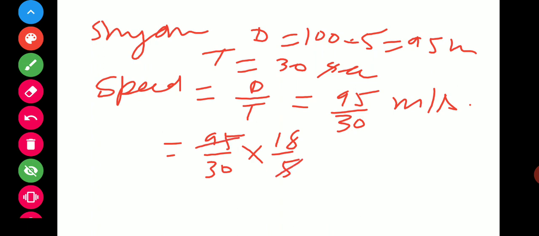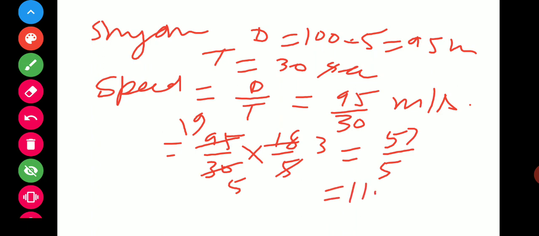So 5 19 ja and 6 5 ja and here is 6 3 ja. So it is 57 upon 5, and that becomes 11.4 kilometer per hour.